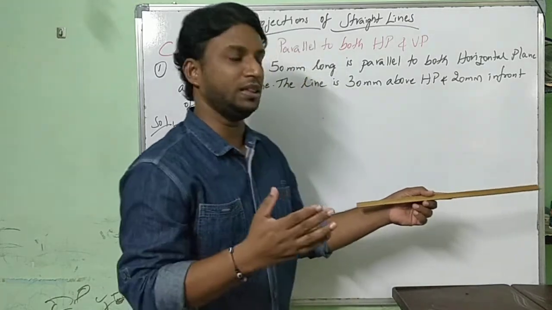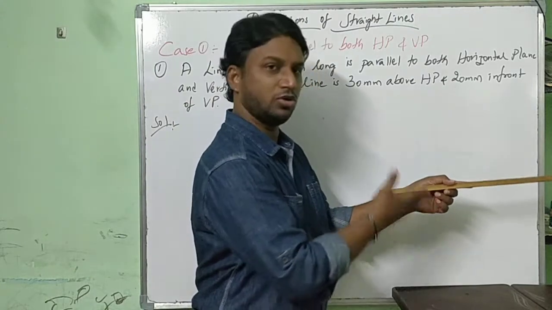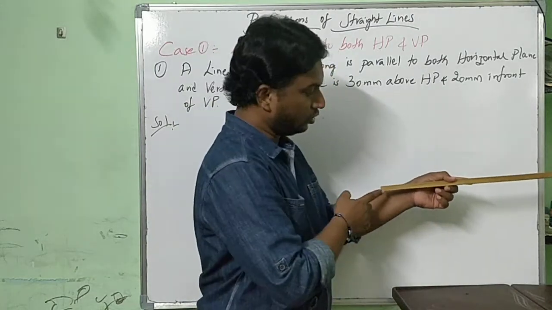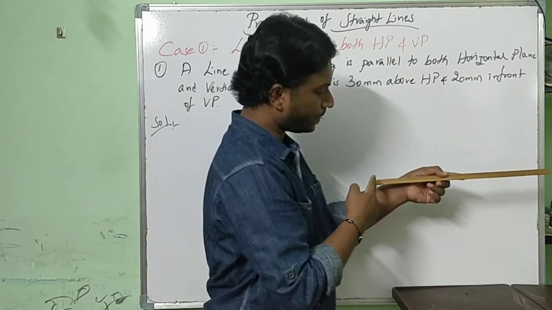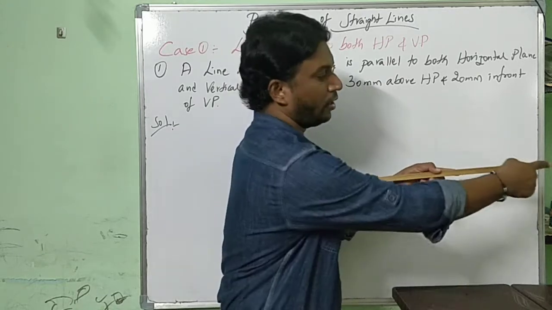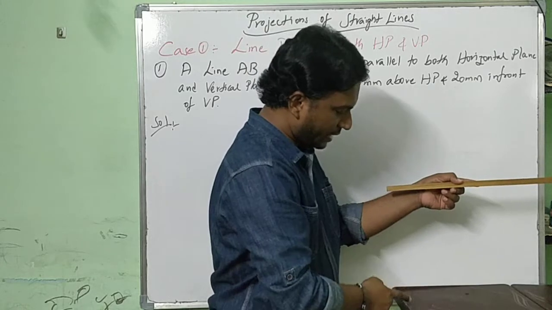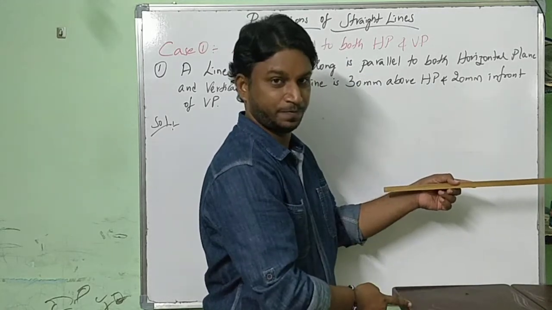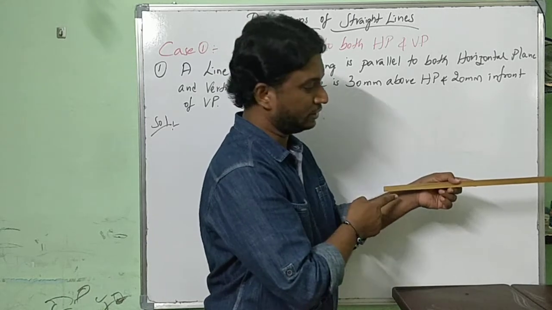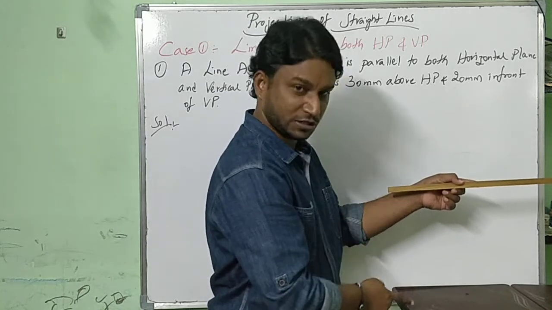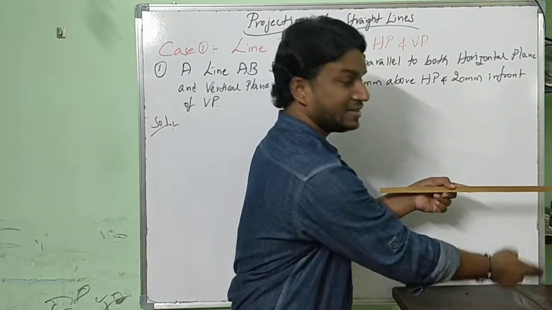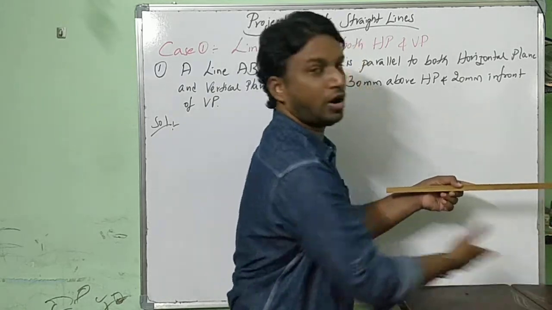How can you tell that this line is parallel to the horizontal plane? The horizontal plane is already a plane surface. Now you have 2 points for this, point A and point B. Point A is at some height, suppose H, from the horizontal plane. In the same way, point B is at the same height from the horizontal plane.